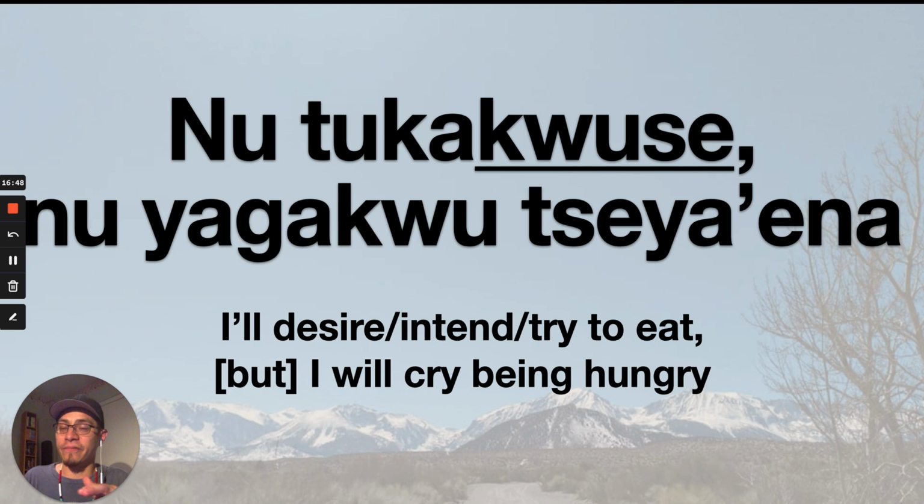But this bottom phrase very much makes it clear that he didn't actually eat, because he says, I'm going to cry with hunger. And so that kind of makes it clear that this kusi suffix in this context indicates desire or intention. He's going to try to eat, but he's going to fail. Therefore, afterwards, sequentially, he's going to cry because his hunger is going to remain.